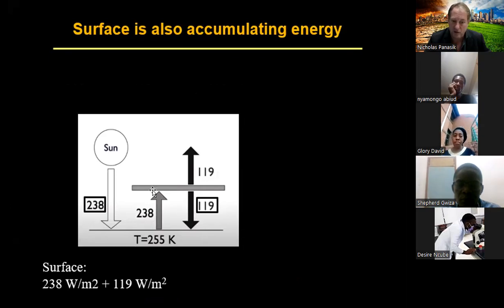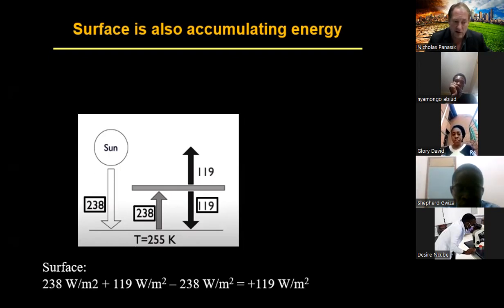And then the energy out, however, since the temperature hasn't changed yet, we have to subtract that because that's our energy out. And so when you add all those up, you're going to find there's that same 119 watts per meter square.